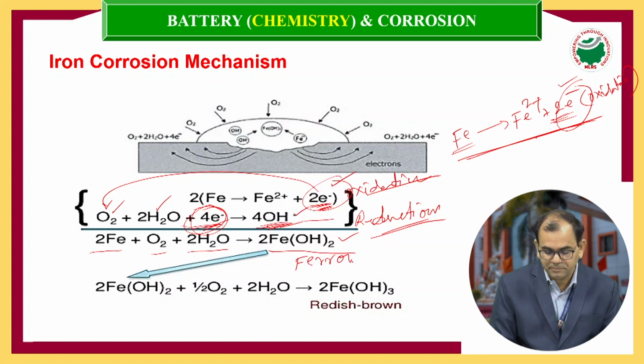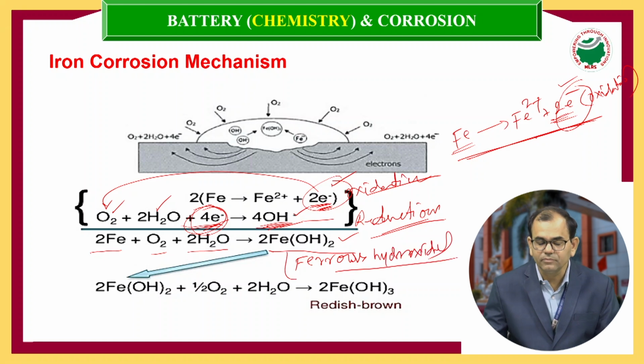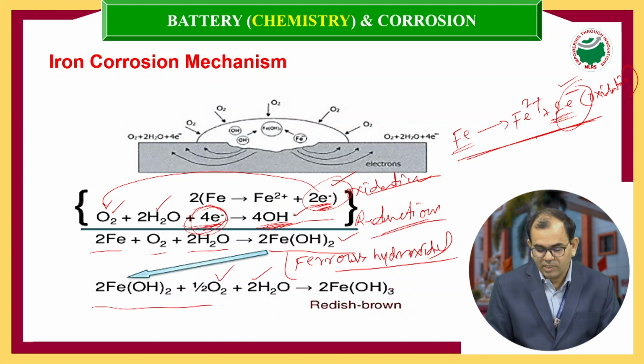Ferrous hydroxide. Fe(OH)2, ferrous hydroxide. This ferrous hydroxide, with oxygen and atmospheric moisture, gives Fe(OH)3, which is in a reddish brown color.